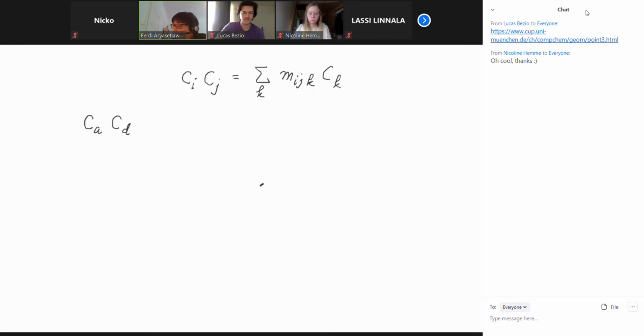So if I multiply, let's say, CA, CD. So what are these? These are the elements AX and AY, that's CA, and the CD is D1, D2. So now I just multiply this out. I look at the multiplication table that we did last time.